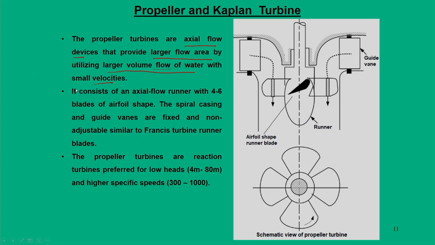In such cases we use propeller turbines, which have an axial flow runner with 4 to 6 blades of airfoil shape. There is also a difference between these blades and those of the Francis turbine: in Francis turbines the blades are fixed, but here we have adjustable blades.